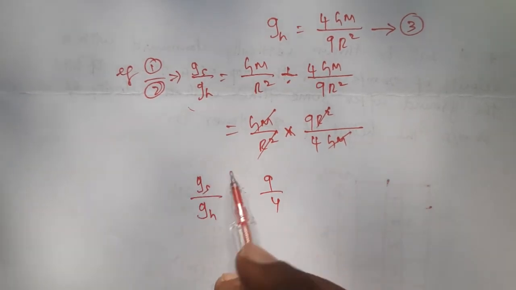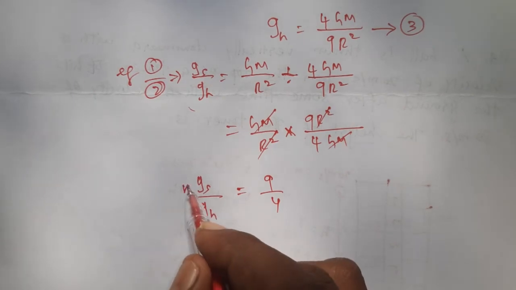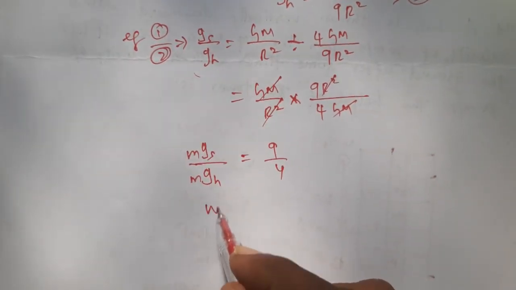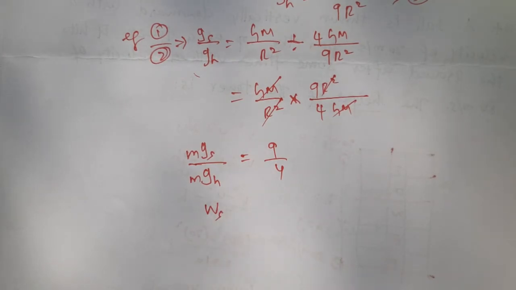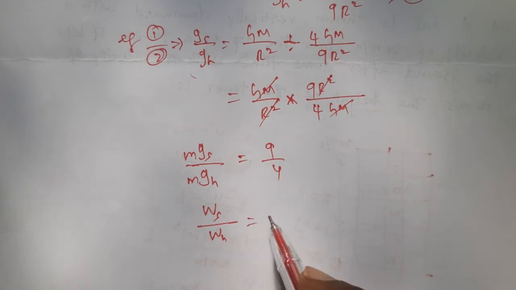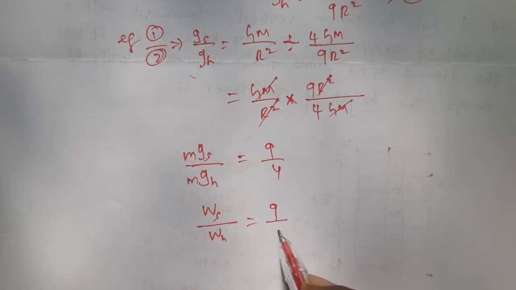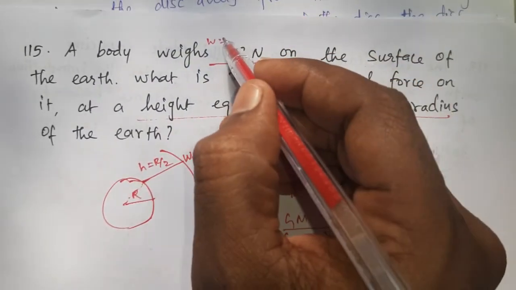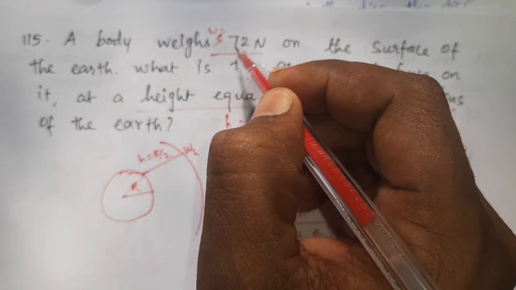On both sides, in numerator and denominator, we can multiply with m to convert into weight. This is Ws, the weight of the body on the surface. This is Wh, the weight of the same body at a height. Here 9 by 4. The weight of the body on the surface is given as 72, so Ws is equal to 72.